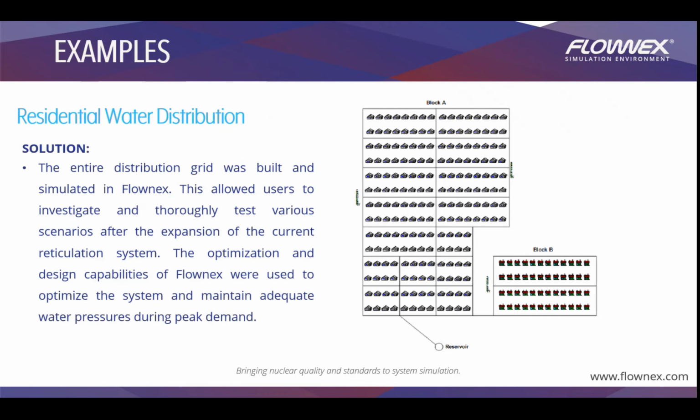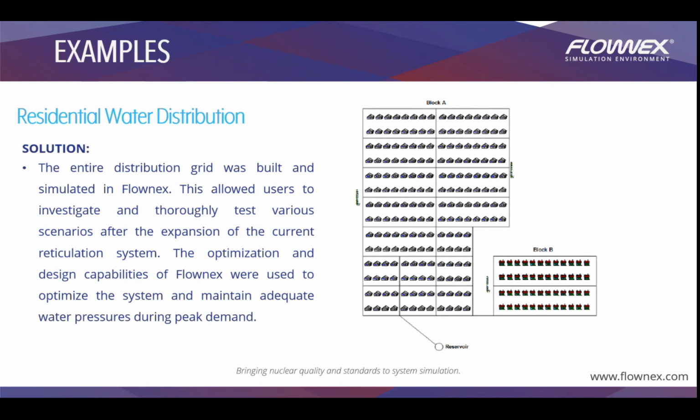So we integrated the water distribution for block B as well, and with the integration, we could investigate a lot of test cases in Flownex itself, where we would try and see what would happen if we have more consumption in block B, what will happen to block A.